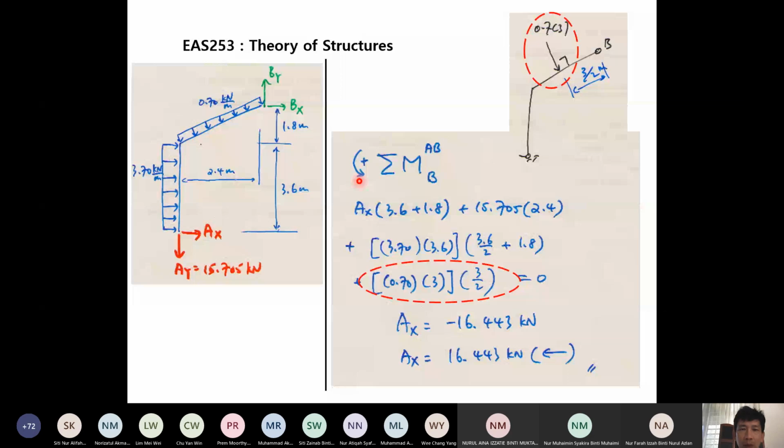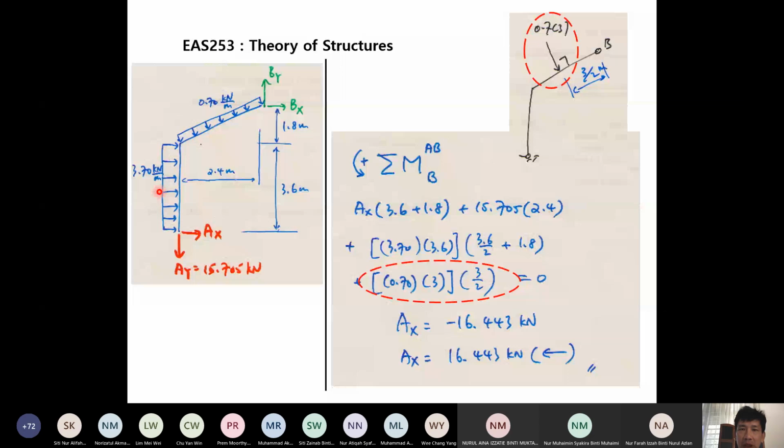So this one, 3.7, 3.6, this is the moment caused by this total load and the perpendicular distance. So half of this height, this is 3.6 over 2, plus this height, 1.8. So we get this. And these terms here come from this, where directly, based on the definition of moment, force multiplied with perpendicular distance.